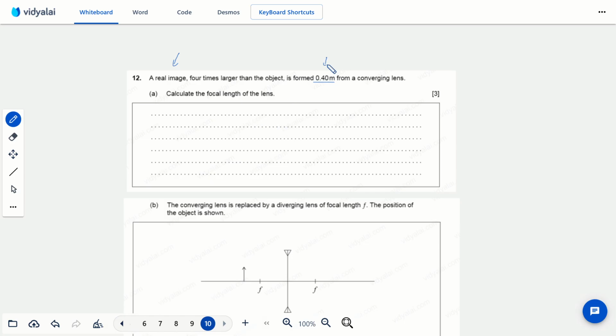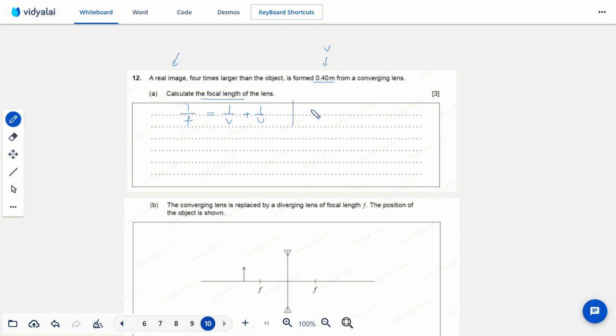So this is the image distance v, and they're asking us to find out the focal length. So in order for us to find out f, we make use of this focal length formula, the one that relates the focal length, the object distance, and the image distance. So we already know the image distance v, but we don't know the object distance yet.